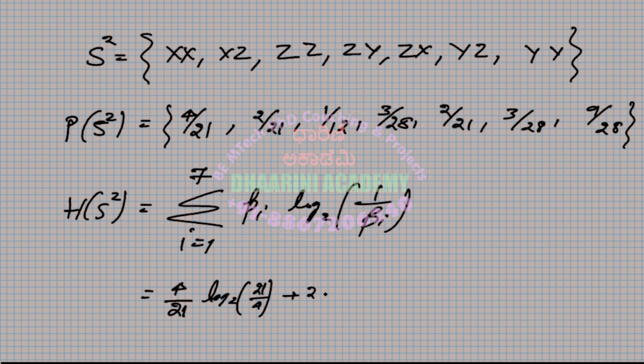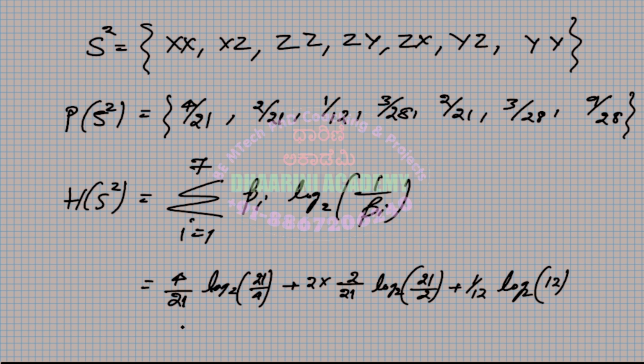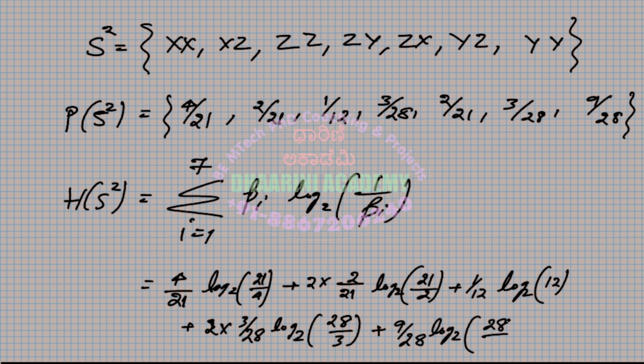So plus 2 into 2 by 21 log to the base 2 of 21 by 2. Then 1 by 12, it's only one term. So 1 by 12 log to the base 2, 12. Then we can see that 3 by 28 is repeated twice. So 2 into 3 by 28 log to the base 2, 28 by 3. Then 2 by 21 is done. 3 by 28 is also over. Plus 9 by 28 log to the base 2, 28 by 9.